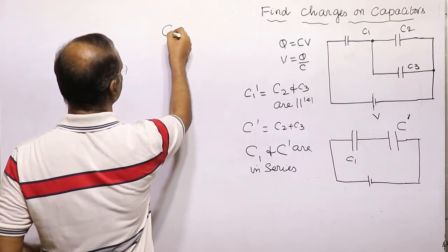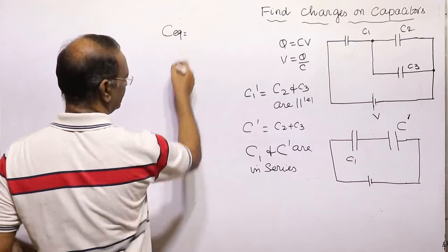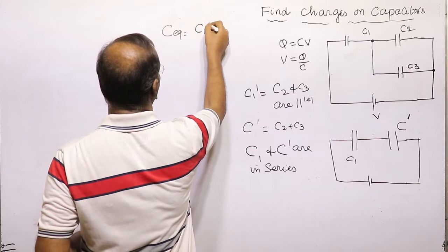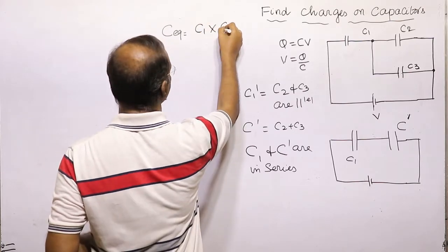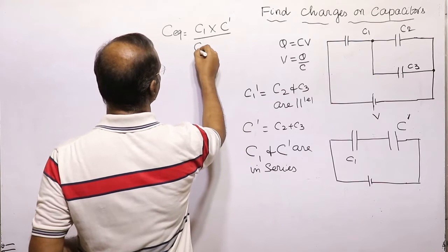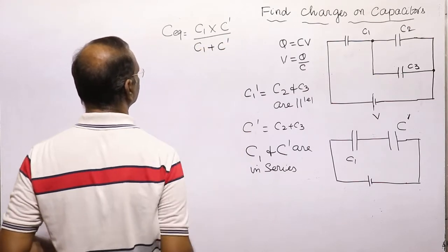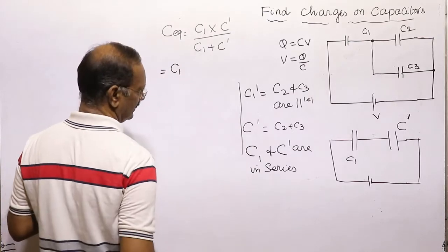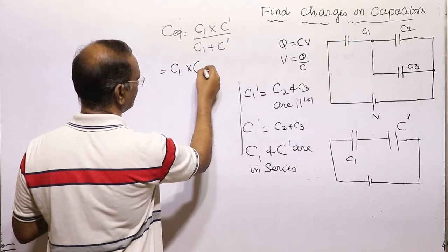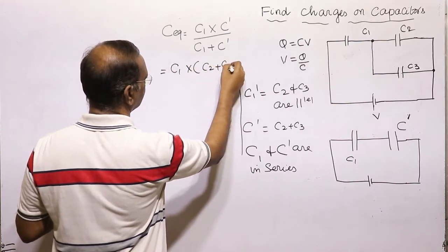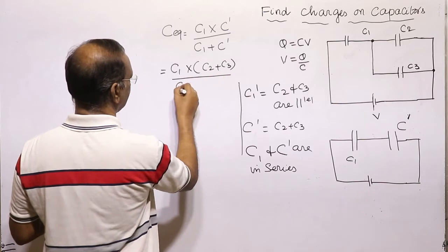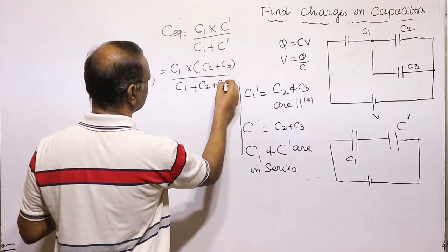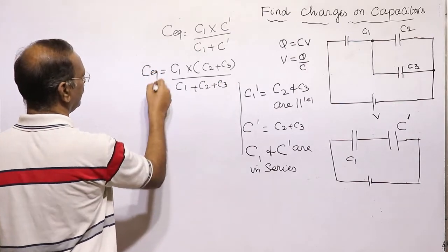Series means C equivalent of these two is equal to C1 C dash divided by C1 plus C dash, which is equal to C1 multiplied by C2 plus C3 divided by C1 plus C1 dash. C1 dash is equal to C2 plus C3, that is C equivalent.